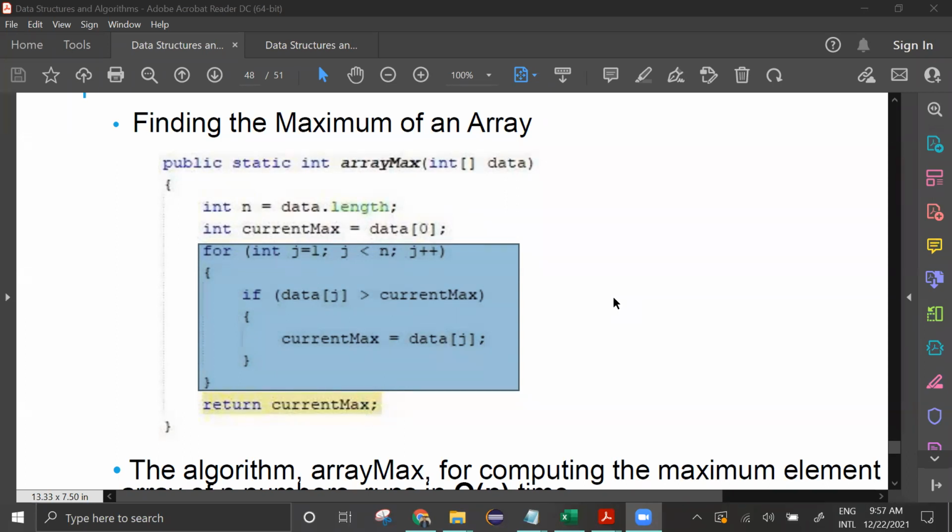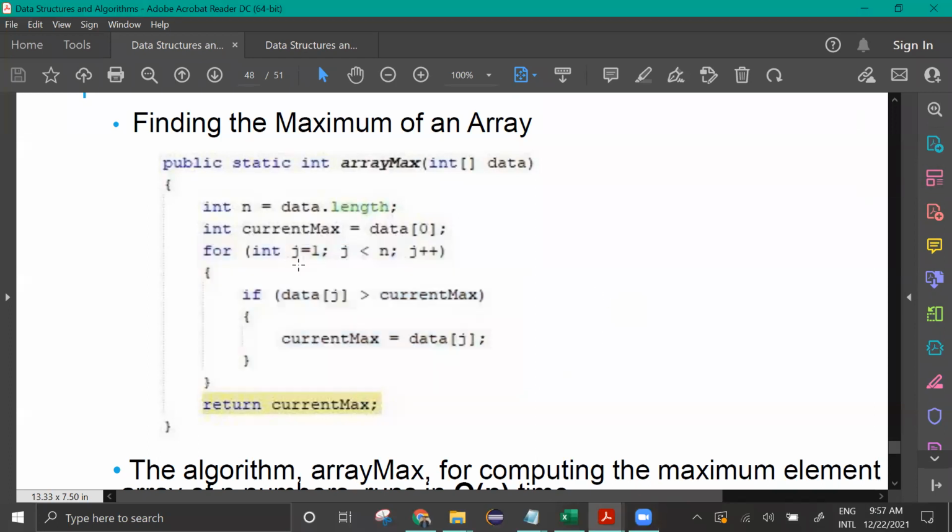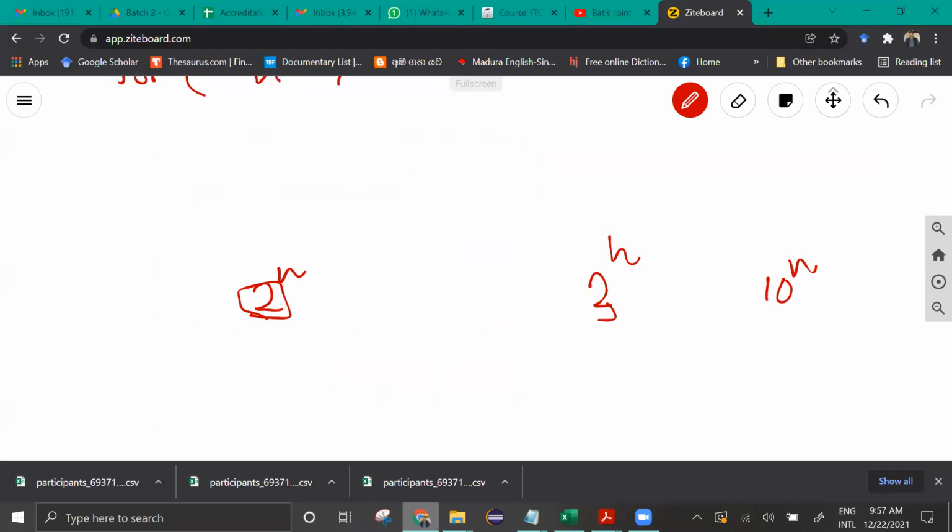Can you tell others your answer too? Why is it n? Yeah, so our input is n, the loop is looping n times, so approximately n times.